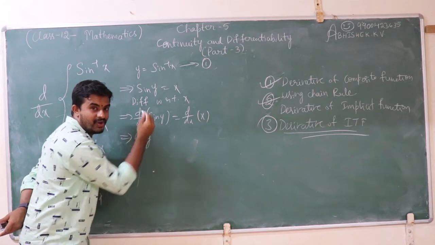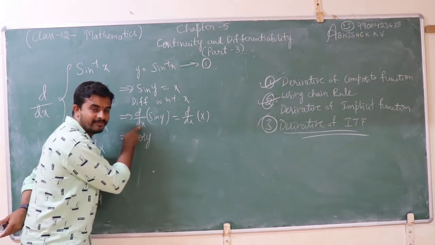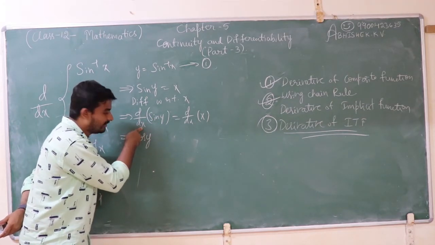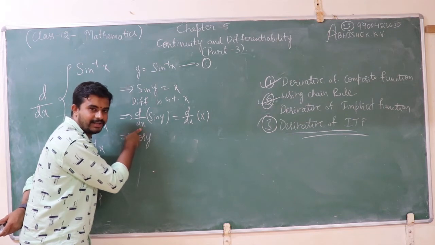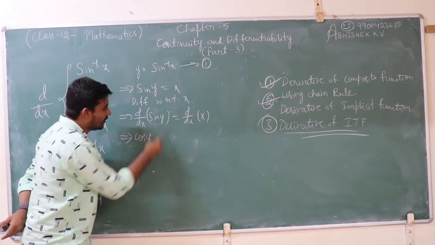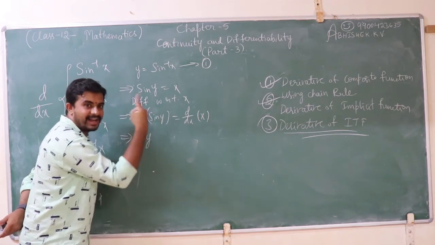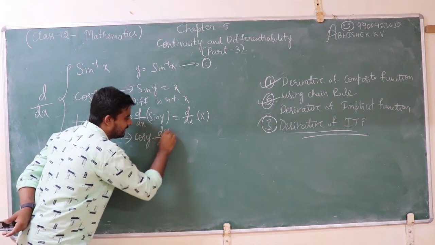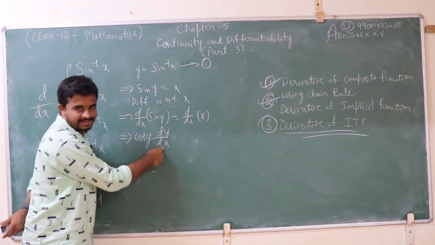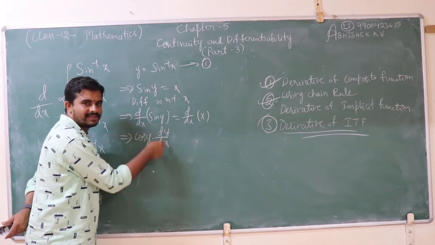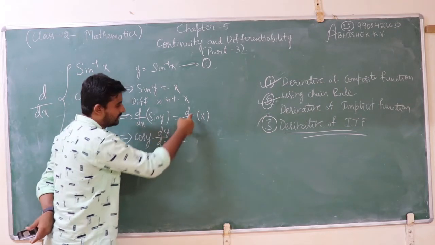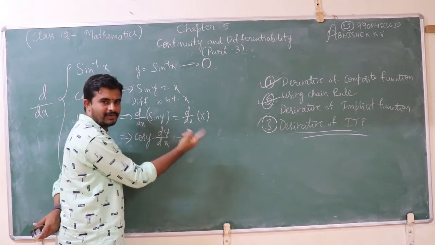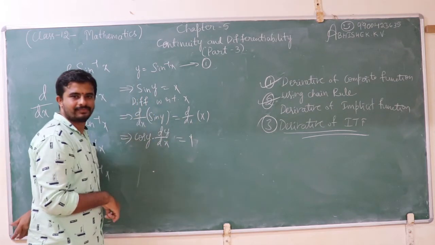Here we have two different functions for the given dependent variable. Sin y is another function, so we need to differentiate this, that is dy by dx, with respect to x. This is equal to the derivative of x with respect to x, which is equal to 1.